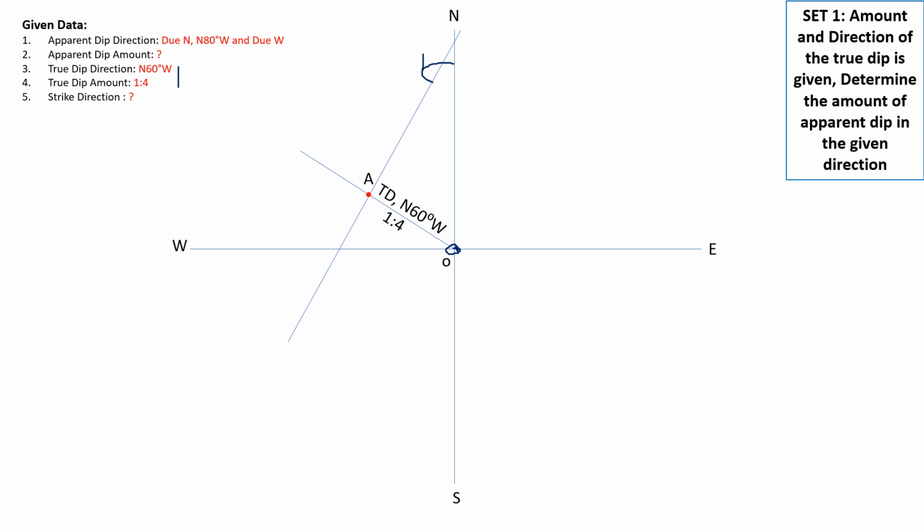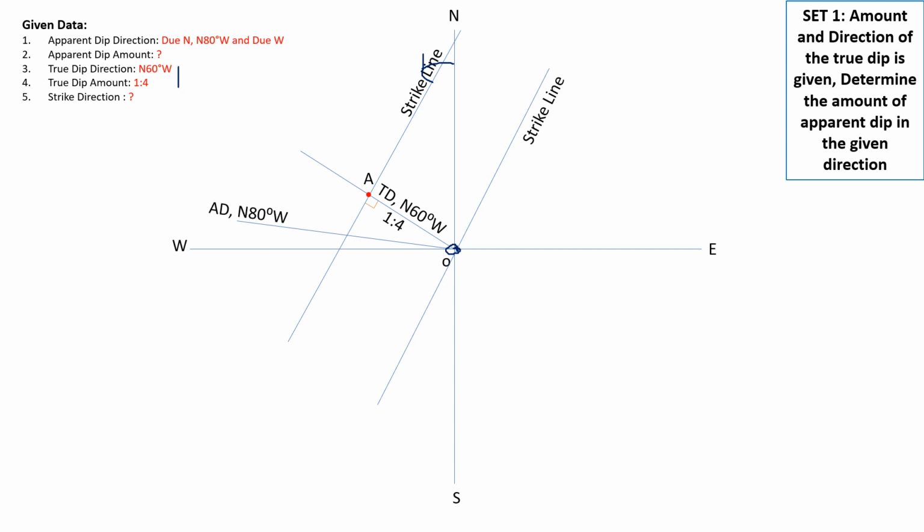After marking a perpendicular line, I'll transfer it at point O, and I'll name them as strike lines. So with true dip, the work is over. Now what I'll do, I'll mark north 60 degrees west.